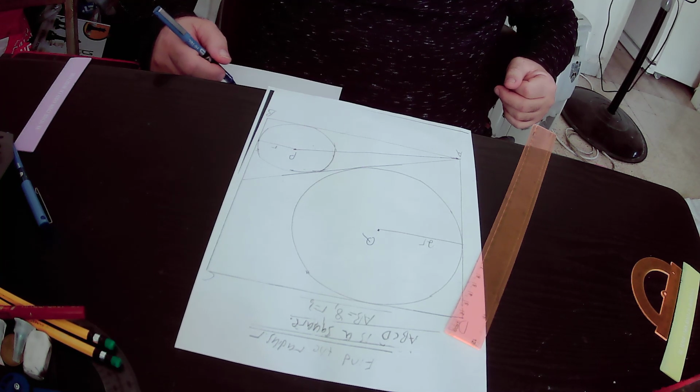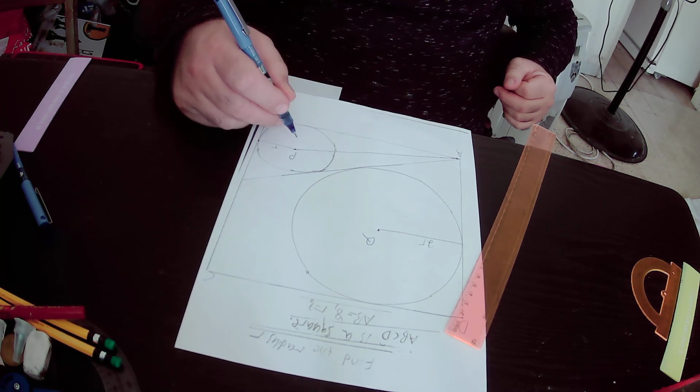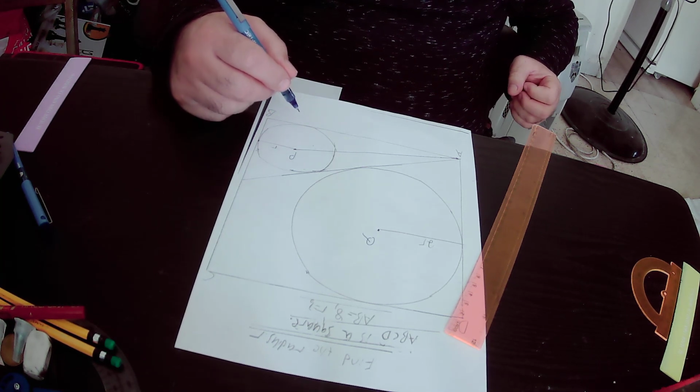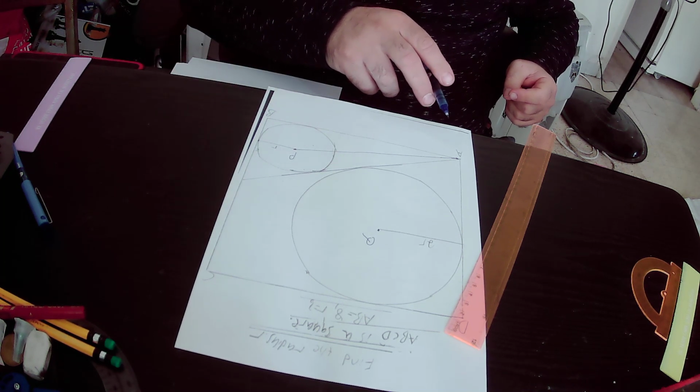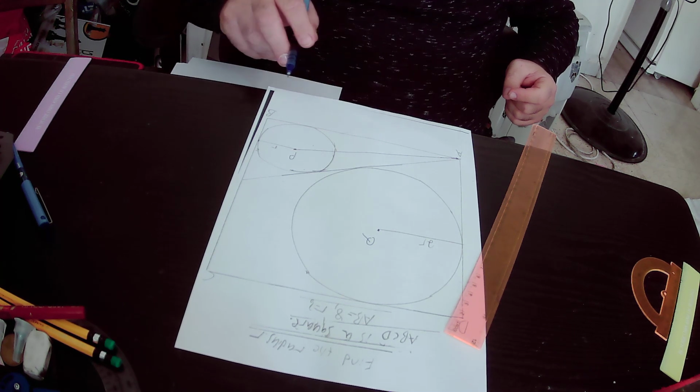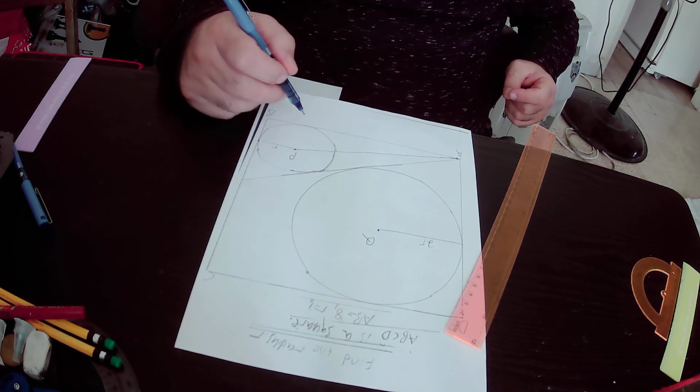We will draw a radius from point P to the touching point between tangent AB and the small circle.